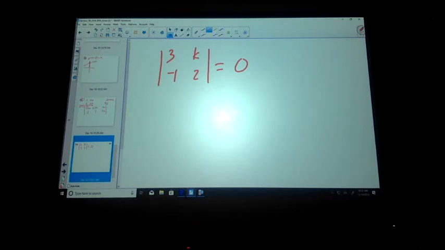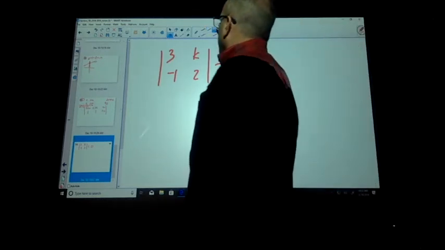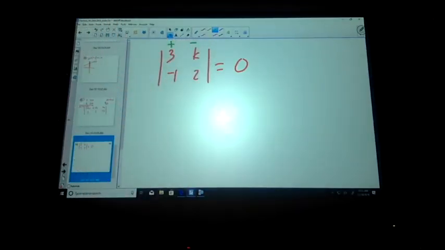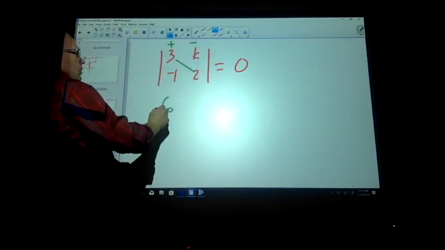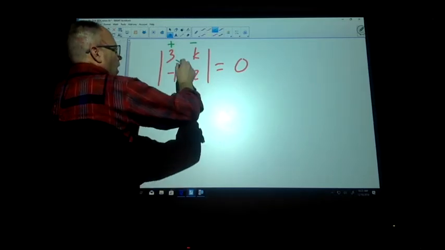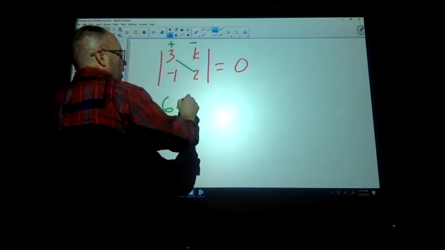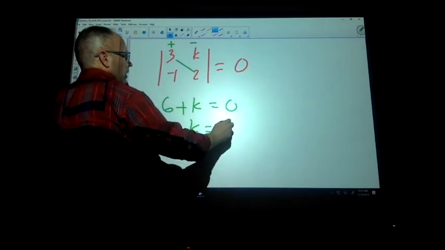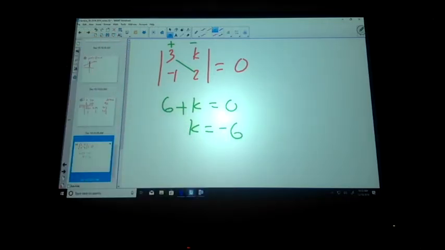In order to find the determinant of this by hand, you go plus minus. Still with me? 3 times 2 is 6, minus K times -1, so that's plus K equals 0. So K is equal to -6. If K is equal to -6, you would have a determinant of 0, and that wouldn't have an inverse matrix. I won't give you one like that on the quiz.